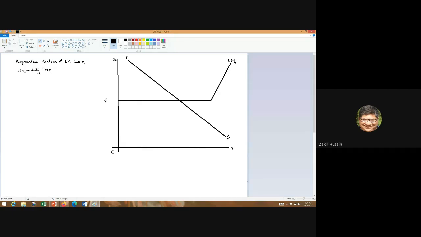Remember that this is R mean. The rate of interest cannot fall below R mean. Okay, so let's see how the LM curve will change in the liquidity portion.